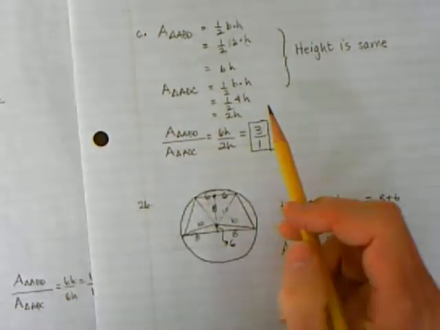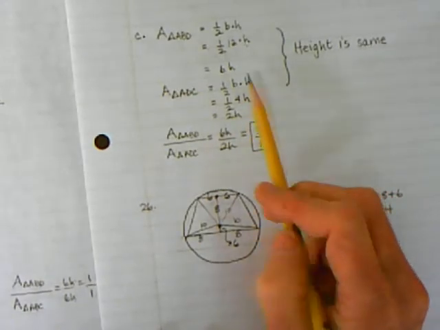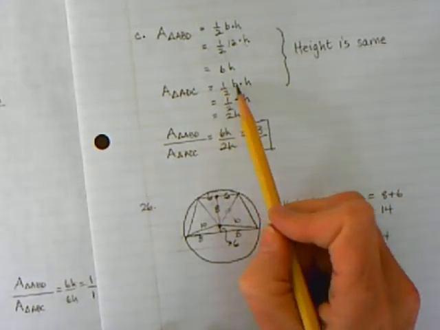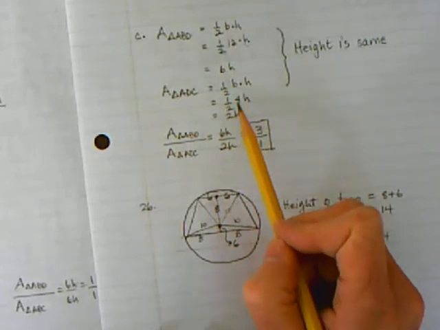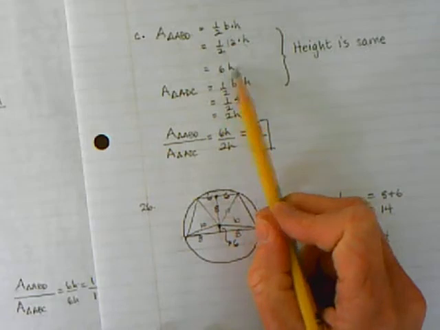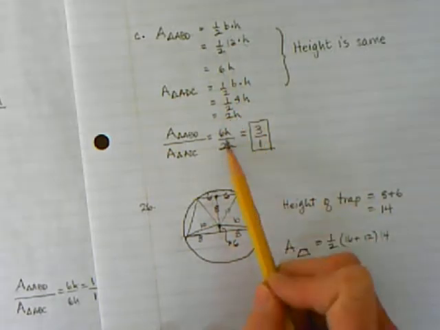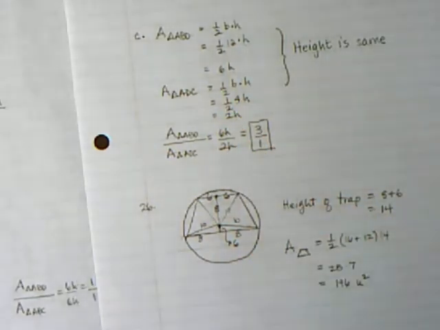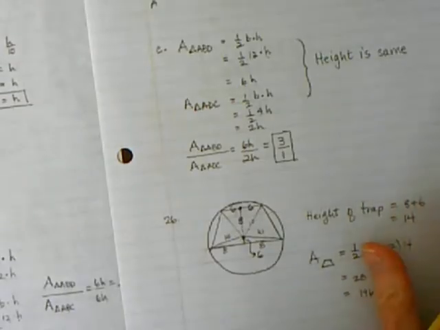So I can use the same variable to represent the height in both cases. So 1/2 the base, in this case ADC has a base of 4 times the height. So this is 2h. So what I have to compare is this area 6h to this area 2h. And I get a 3-to-1 ratio. So that's good. All right, so the tricky part comes with part B.